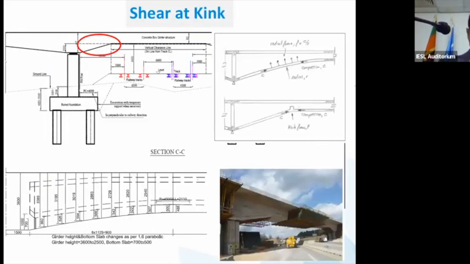This is a very interesting area because I told you that we had a challenge. We wouldn't be able to get that nice curve because of the height requirements, so we had a kink. There you had to be very careful about the shear capacity. We did a trick, discussing with the contractor: we internally increased the thickness as you go through. This is what you see in the picture here.